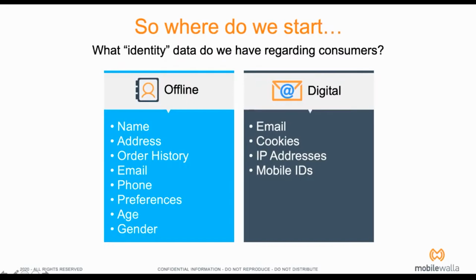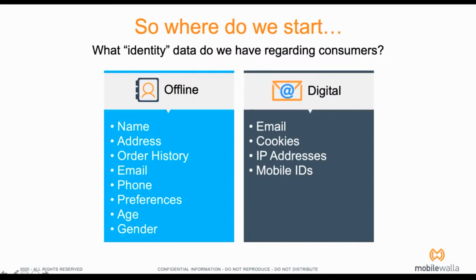On the offline side, you could have information like name, address, phone number, possibly age and gender. And I get a lot of, hey, when is your birthday, so I can get promotions. Digitally, typically the IDs are cookies, IP addresses, email, mobile IDs, etc. So these are the two categories of IDs that we have.